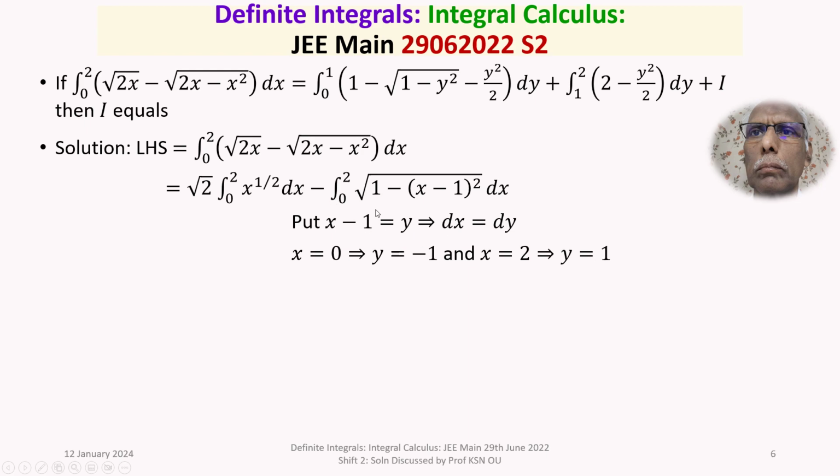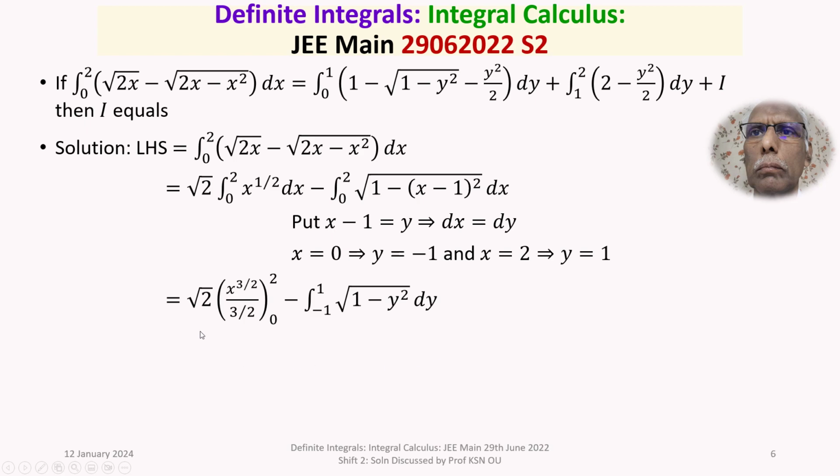So the integral from 0 to 2 now becomes the integral from minus 1 to plus 1. So, root 2 times the integral of x to the power of 1 by 2, which is x to the power of 3 by 2 by 3 by 2, evaluated between the limits x equal to 0 and x equal to 2, minus the integral from minus 1 to plus 1 of the square root of 1 minus y square dy.